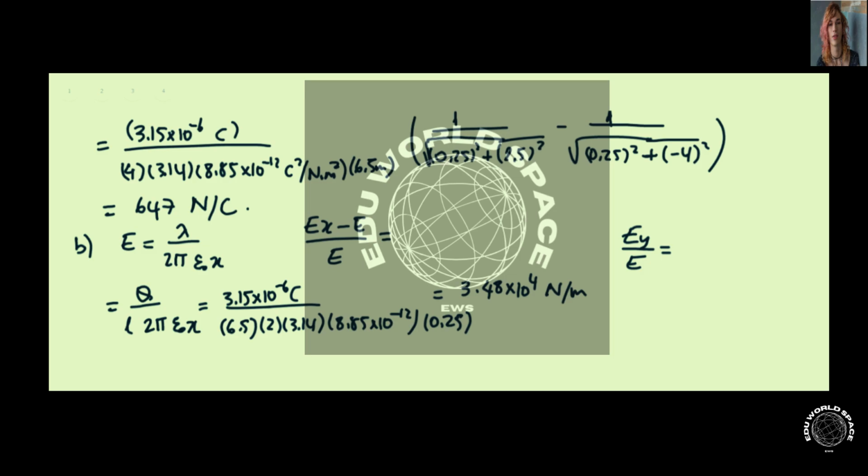Now, let's plug in what we have found for E sub x. It was 3.47 times 10 to the power of 4, minus E that we just calculated, 3.48 times 10 to the power of 4, divided by 3.48 times 10 to the power of 4. What we find here is actually a very, very small error, right?